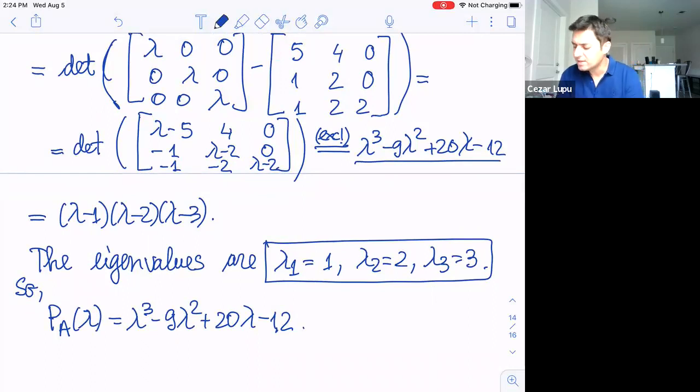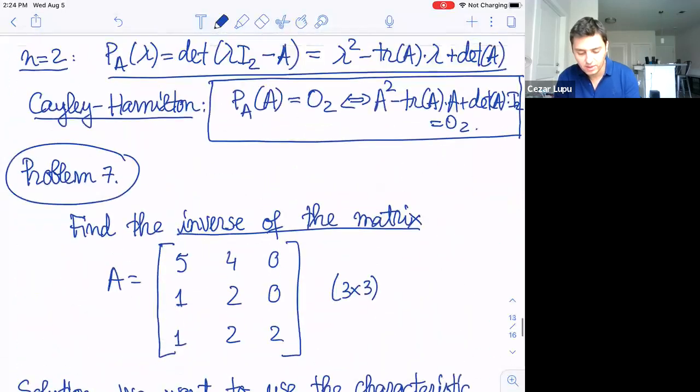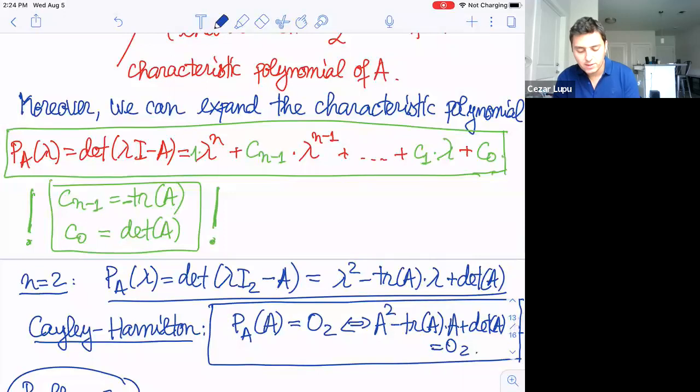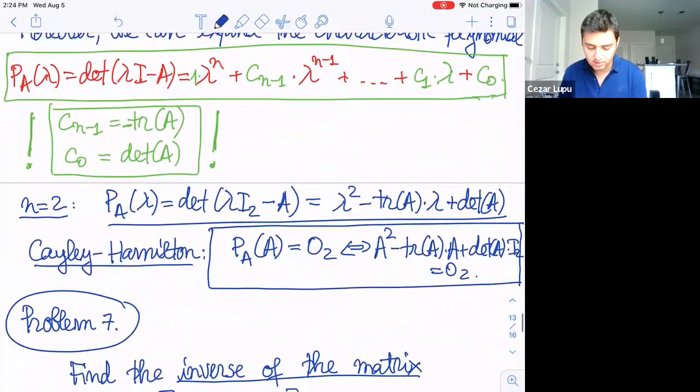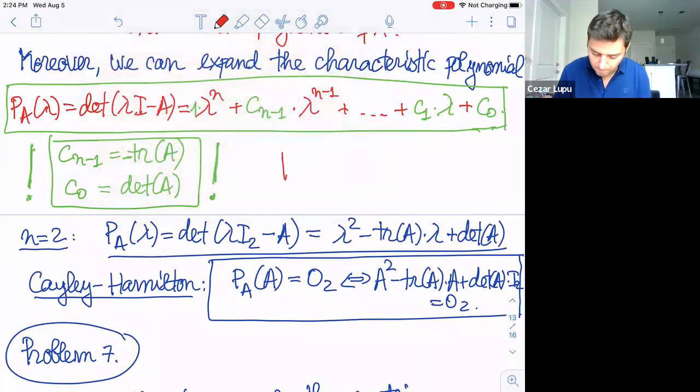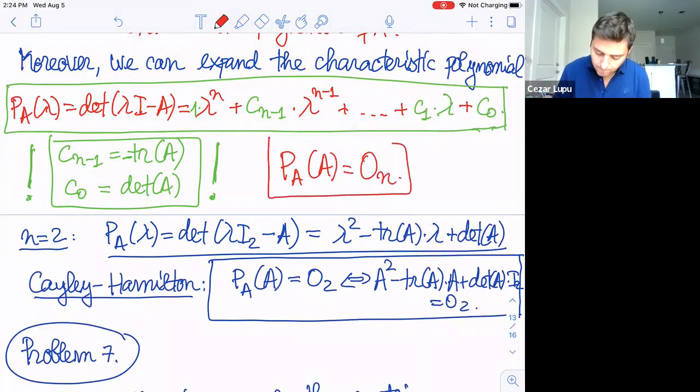What does Cayley-Hamilton say? It holds true for n by n matrices. P_A of A will always be the 0 matrix. That's Cayley-Hamilton.